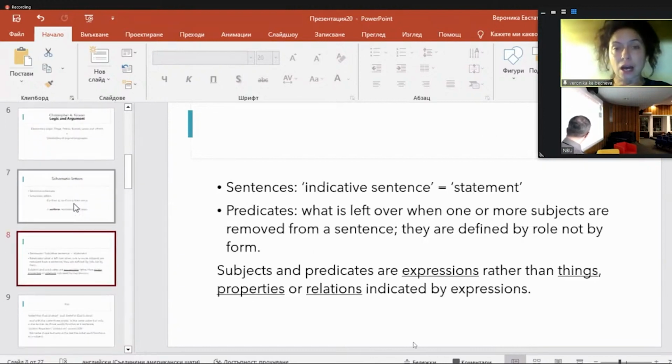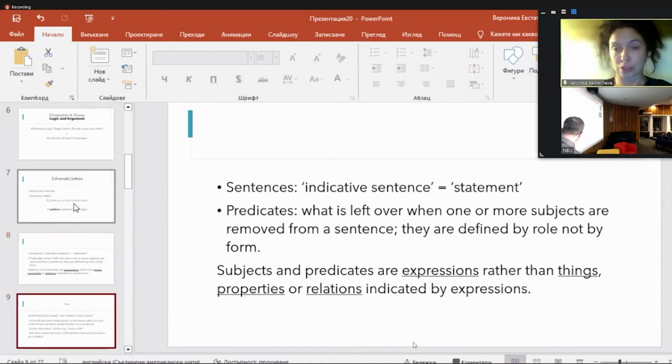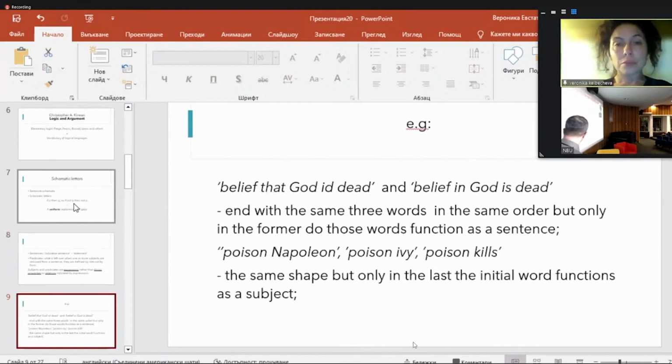The sentences are indicative sentences or statements. The predicate is what is left over when one or more subjects are removed from a sentence. They are defined by role, not by form, which is very important. The subjects and predicates are expressions rather than things, properties or relations indicated by expressions. For example, "believe that God is dead" and "believe in God is dead".